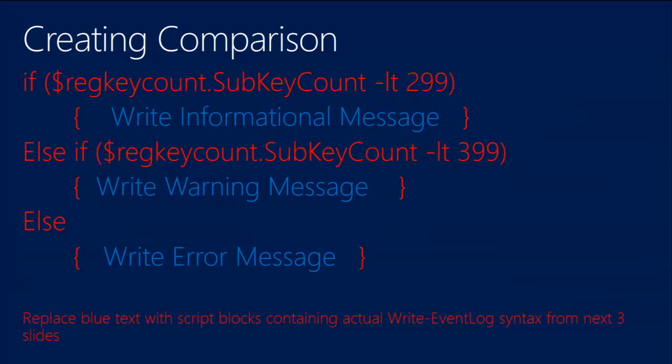If it's less than 399, write some warning message here. And if it's larger than that, write an error message. So this script will go through and drop event logs that say, basically, I'm less than 299 certificates, you don't need to worry about me. I'm more than 300, but less than 399, you might want to start thinking about worrying about me. And then I'm over 399, I'm broken, right? And then you can watch this with SCOM.